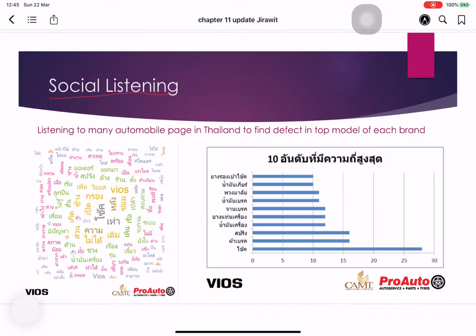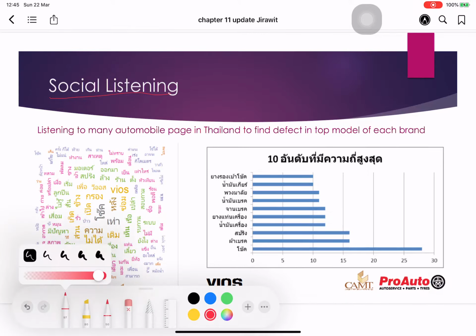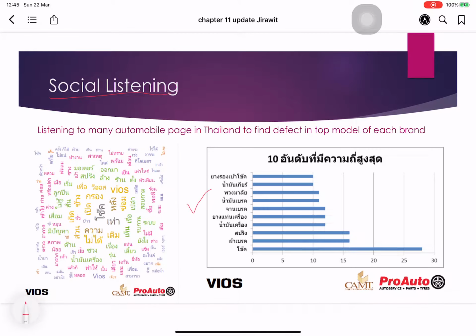You can analyze in the graph what they have been talking about a lot. For example, in Pro Auto, about auto service, to service a car, to wash a car, to clean the car, most customers talk about shopping. You can see the big word on this.